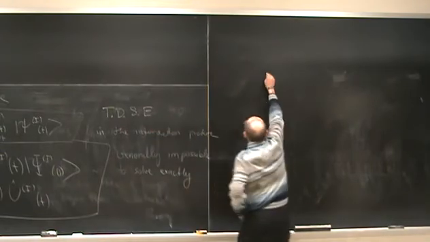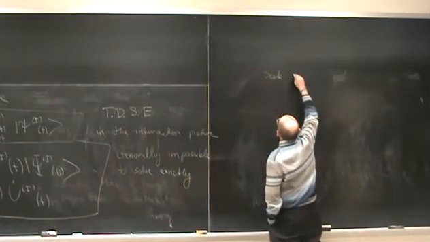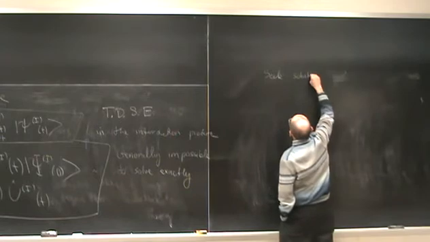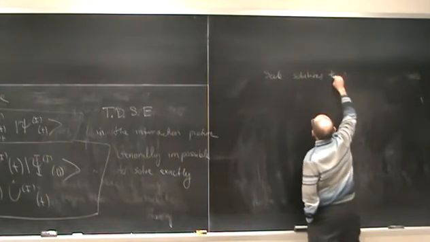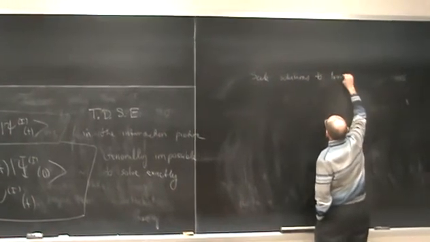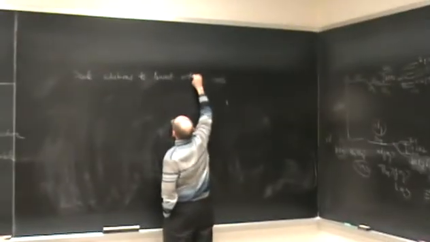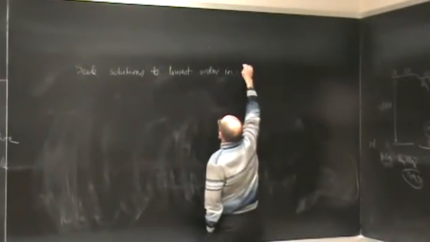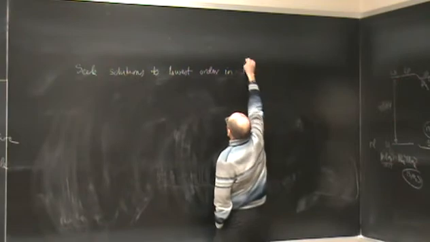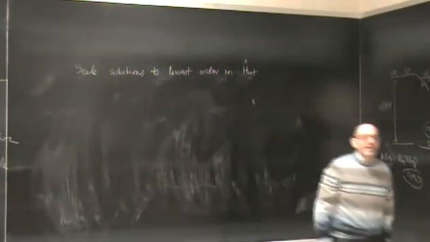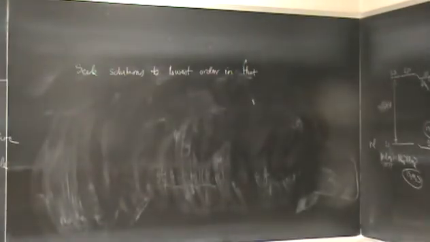So instead, we seek solutions to lowest order in the interaction. This is why it's perturbation theory, and not just the solution to the time-dependent Schrödinger equation.